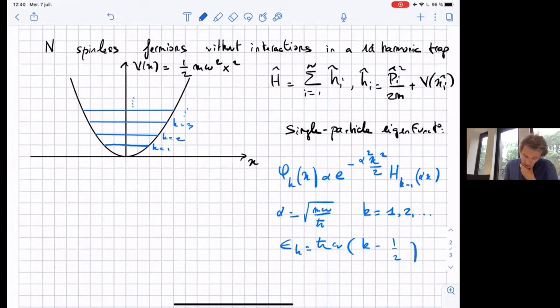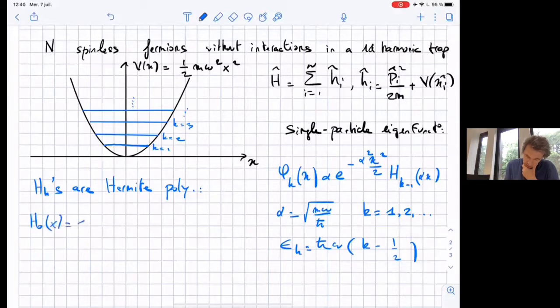Now these H_k, as I said, are Hermite polynomials, and they are of degree k. So if I look at H_0 of x, it is just 1. H_1 of x is simply 2x, for instance.